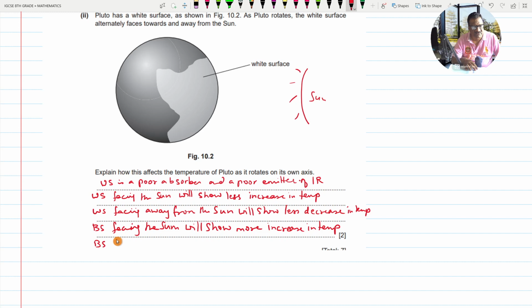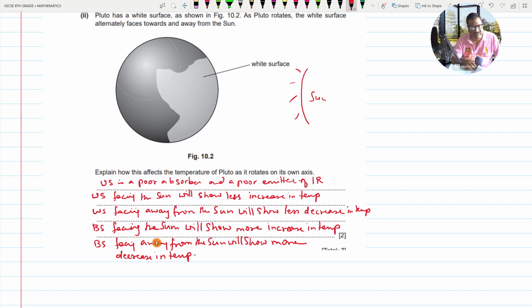So black surface facing away from the sun will show more decrease in temperature.